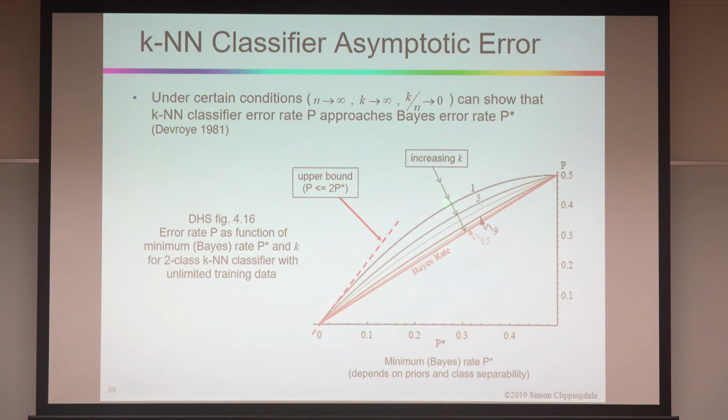As you increase the number of candidates in the majority vote, you can get nearer and nearer to the optimal Bayes rate. But the conditions for that to hold are that the amount of training data gets arbitrarily large, and the number of data in the majority vote gets large, but the ratio of them goes to 0. So these are quite stringent conditions. You don't need to worry too much about that.